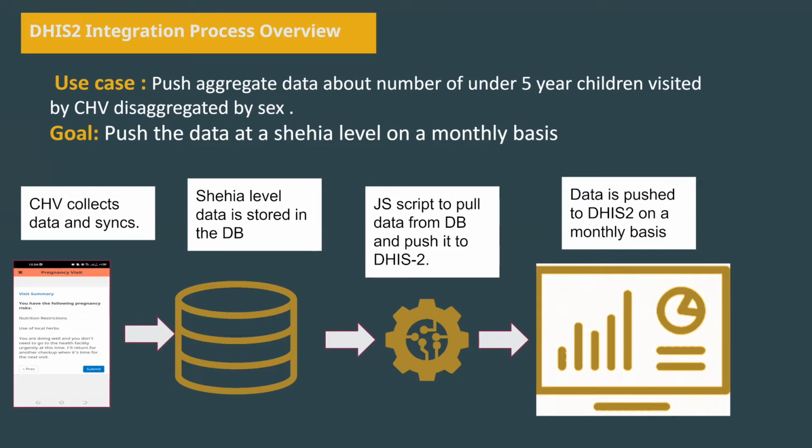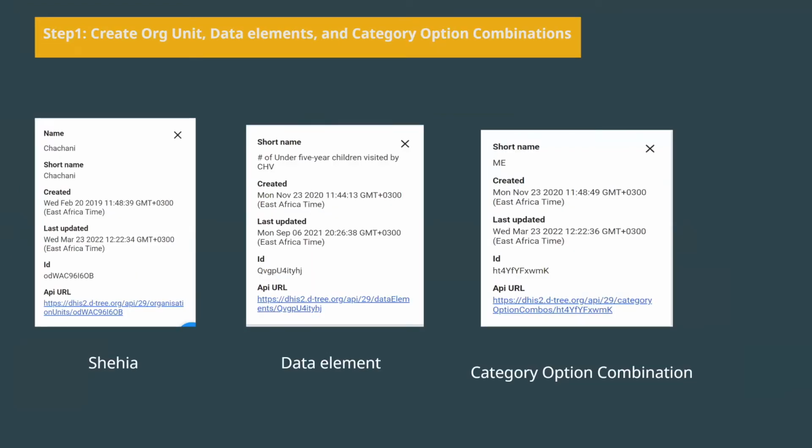So in the next slide, we start by creating the organization units, the data elements, and the category option combination. For our purposes, we said that we are trying to push aggregate data for under 5-year children visited by CHV. So the image on the left shows you the Shahia. In this case, it's Chachani Shahia.